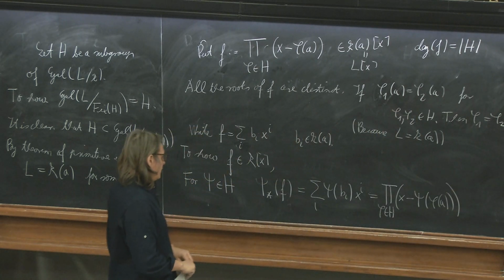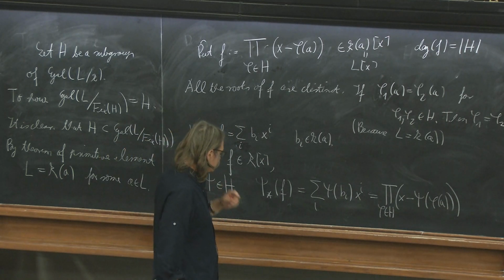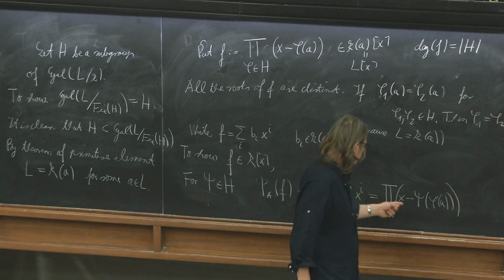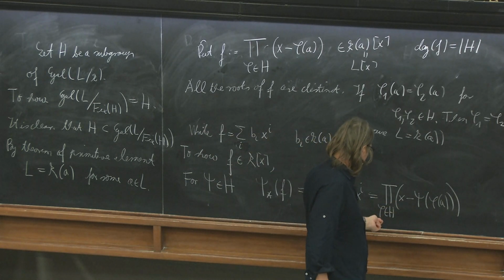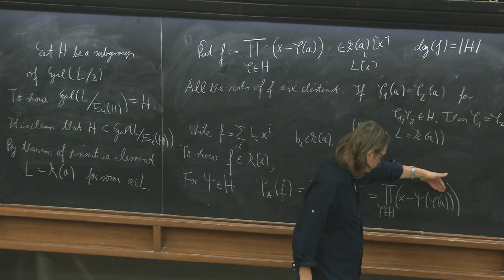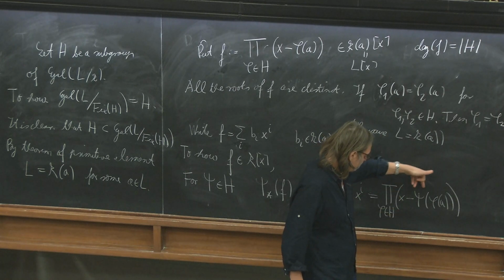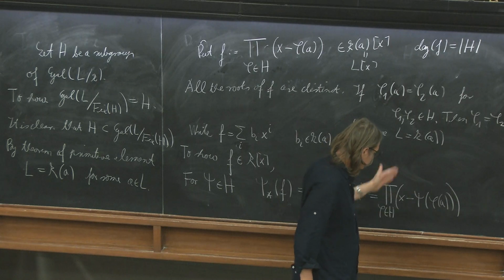But now it's clear that if I take all elements in H and take phi of A, that's the same as if I take all elements in H and take psi of phi of A. It runs through the same elements.